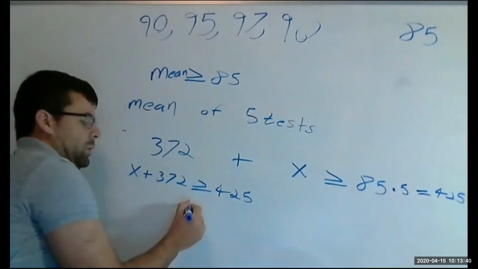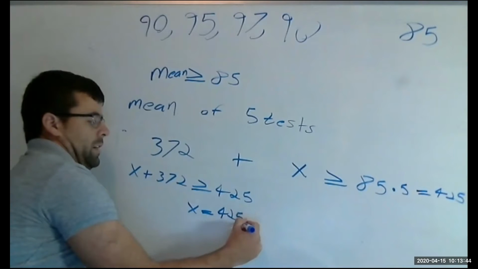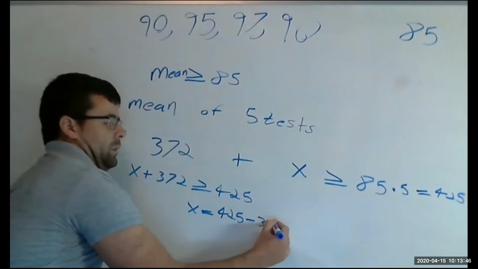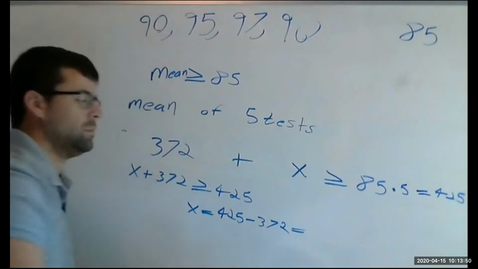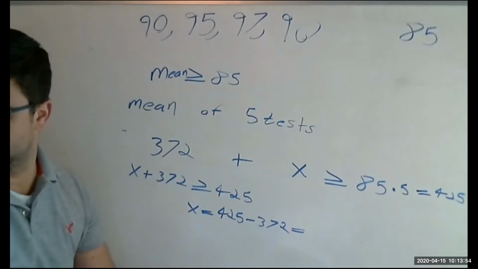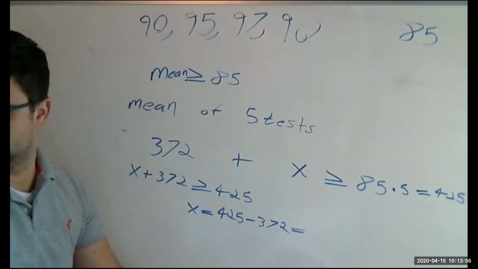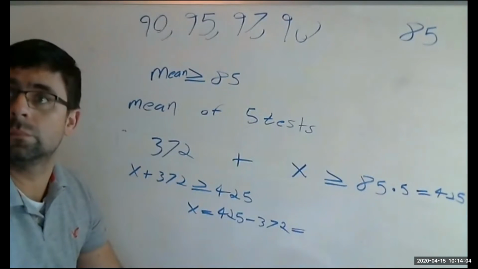So x equals 425 minus 372 equals what? 53.